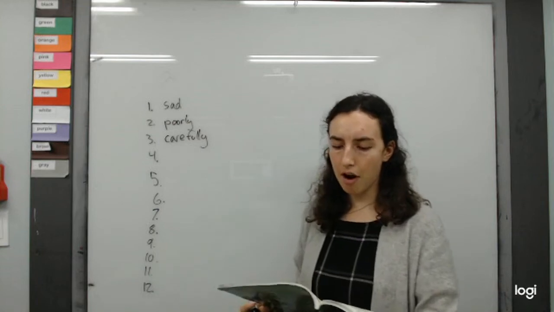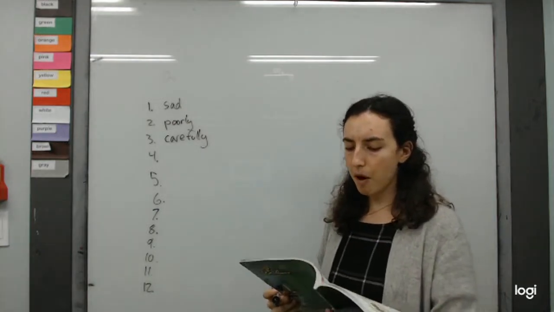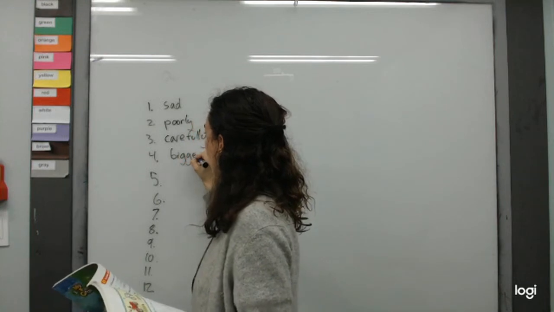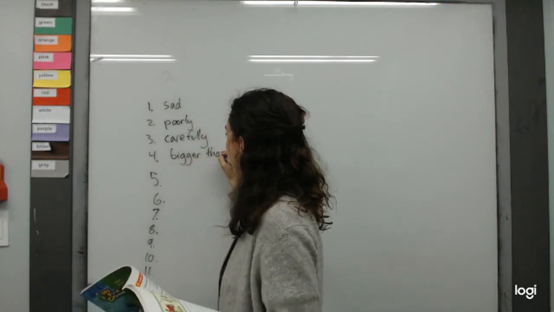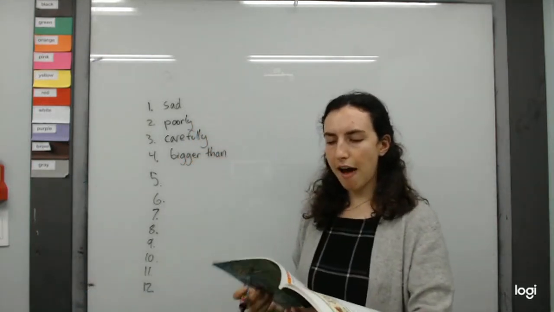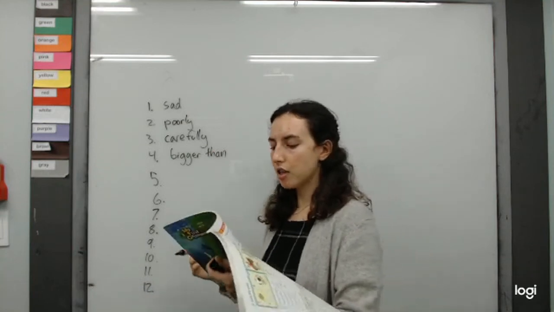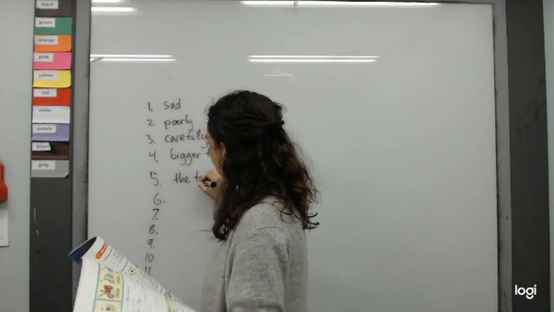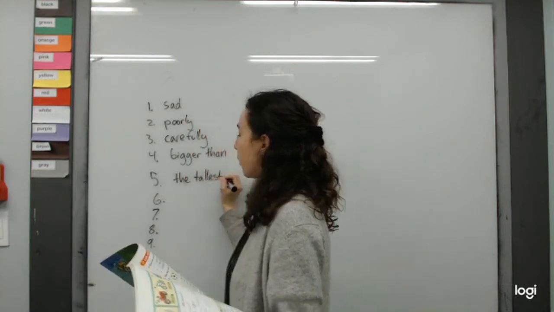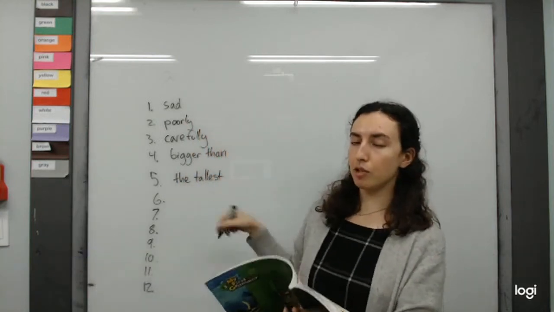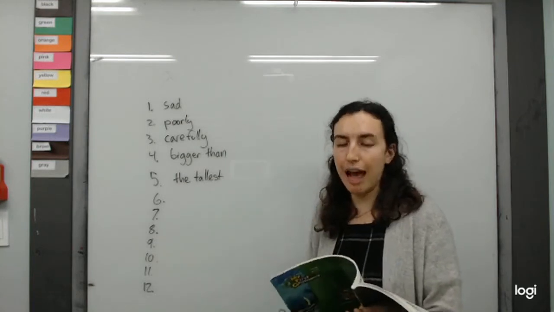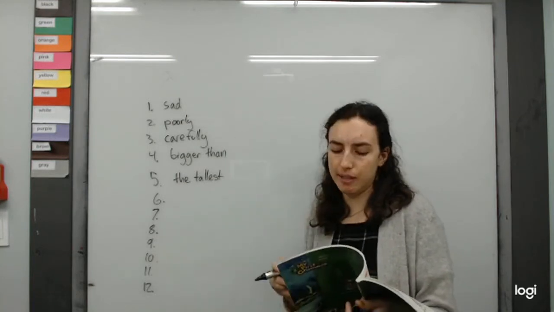Okay, number 4. The soccer ball is bigger than the baseball. Number 5. What is the tallest mountain in your country? And we use ST superlative because we are talking about many mountains in the country, not only 2 mountains, all mountains in the country.